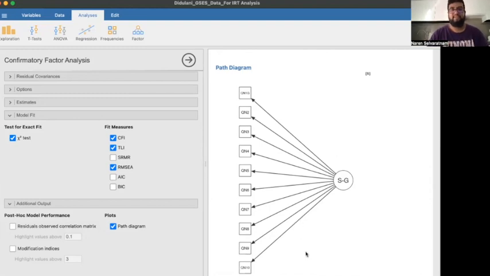Okay. So this is exactly how we would run factor analysis. So now we have learned how to do exploratory factor analysis, confirmatory factor analysis, and also reliability analysis through Jamovi. I hope this will clear most of the doubts you have about this.